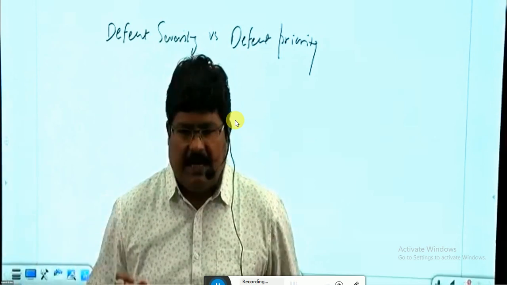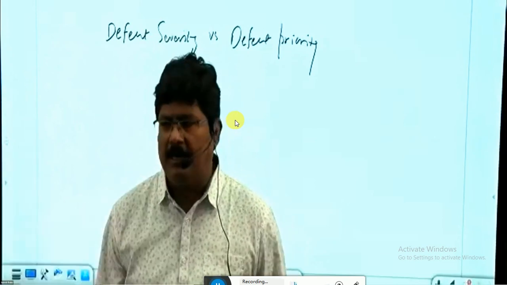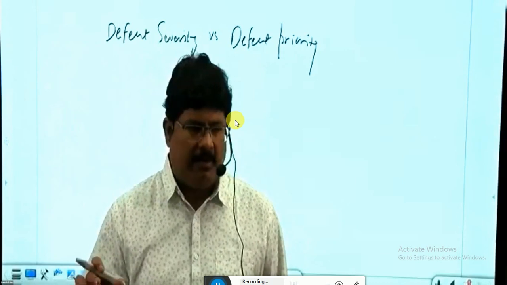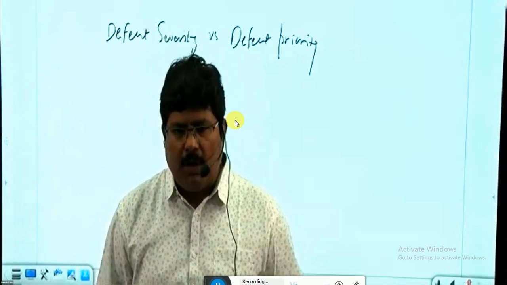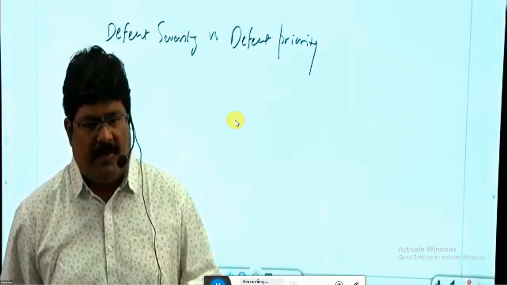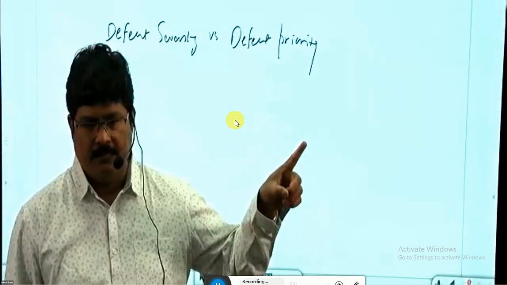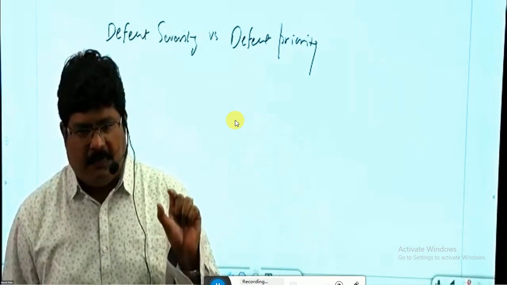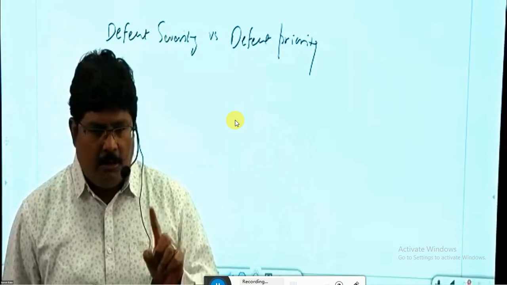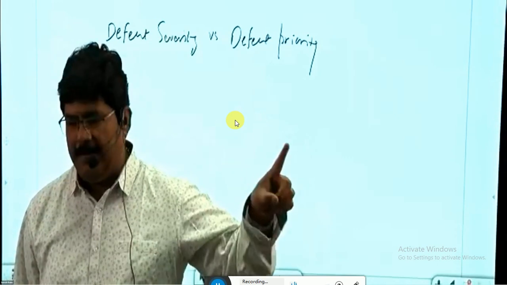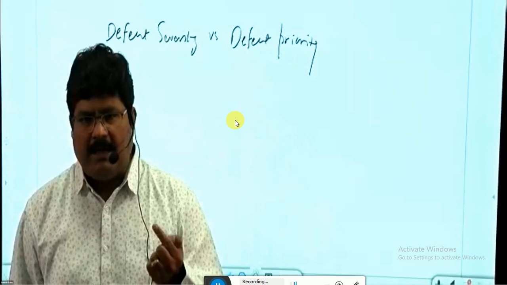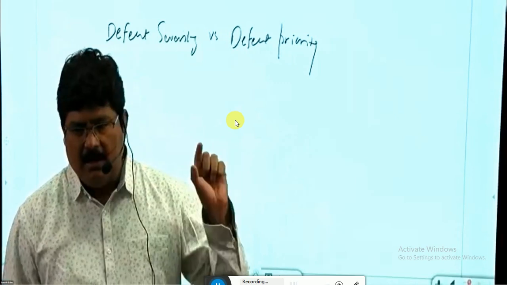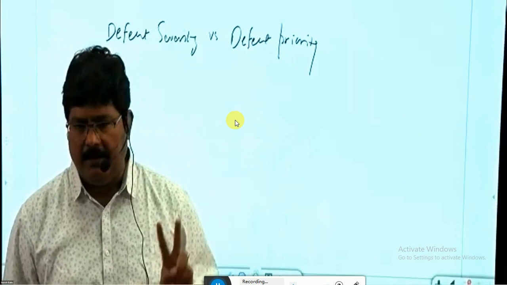High severity defect may take least priority. So one of the frequent interview questions is, give an example for a defect that takes low severity but high priority. Similarly, give an example for a defect that takes high severity but low priority.